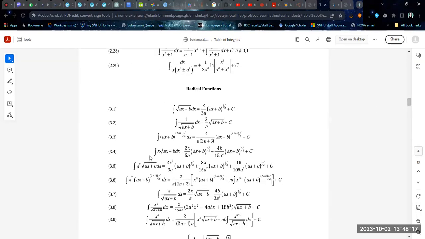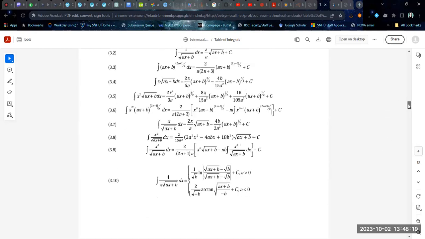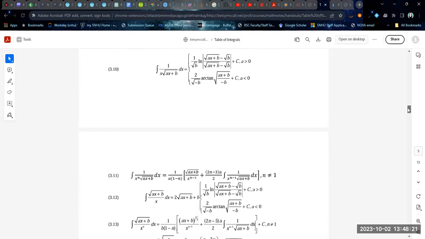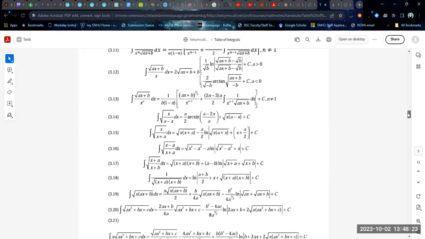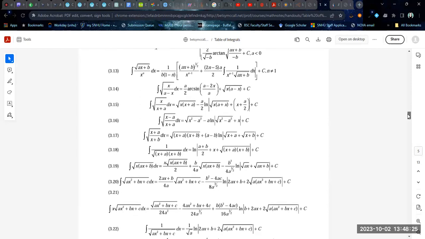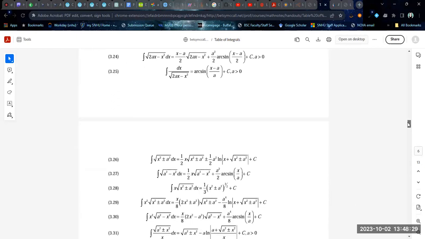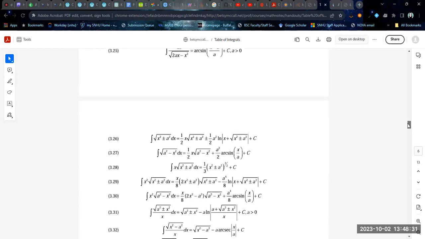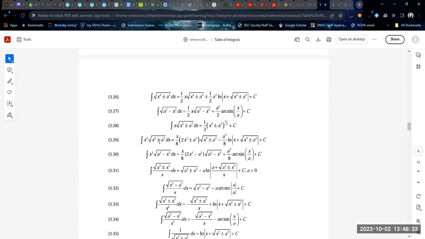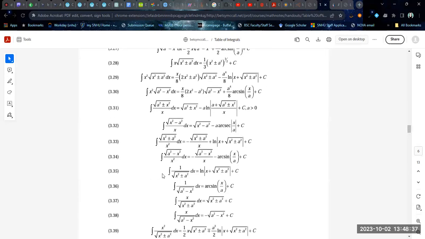We need not a linear radical, we need a sum of squares radical, and we need it in the denominator. So here's our sum or difference of squares, but we need it in the denominator. So here's that, but we have an x up top.